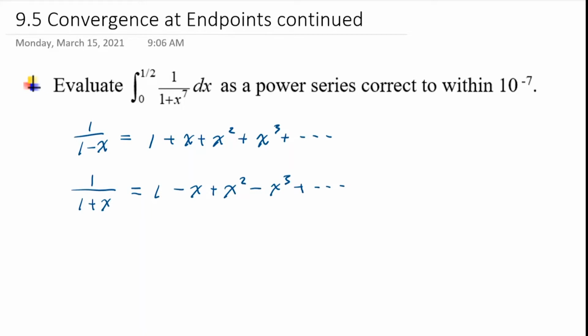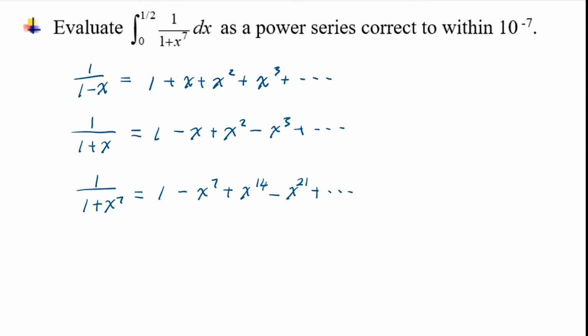Now we replace x with x to the 7th power. So we have 1 over 1 plus x to the 7th power, which will be 1 minus x to the 7 plus x to the 14th minus x to the 21 and ... So far, so good. Say yes. Yep. Now we integrate.